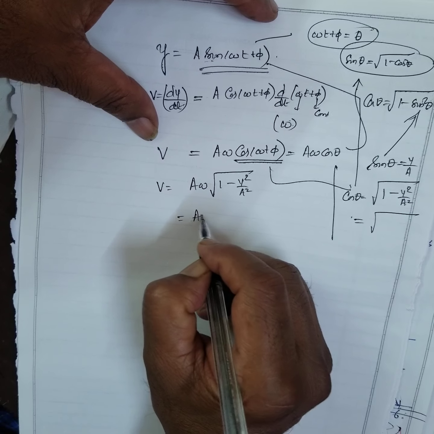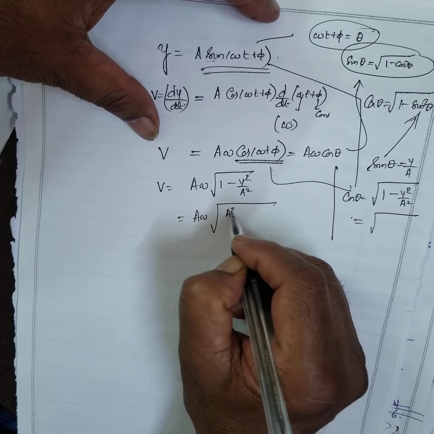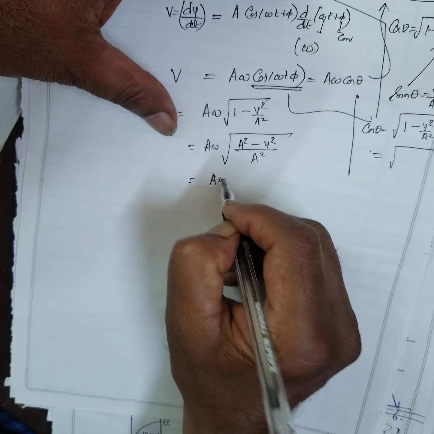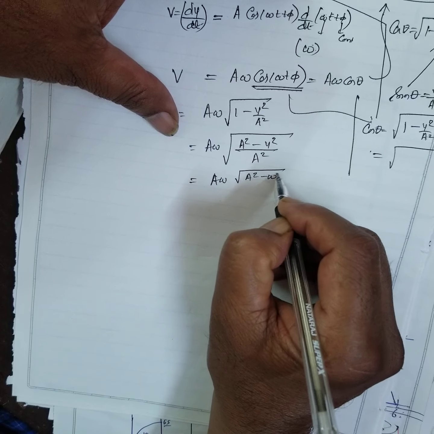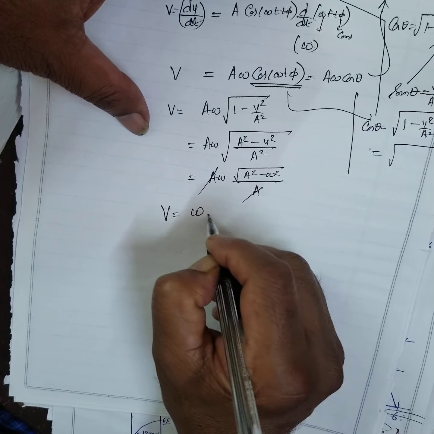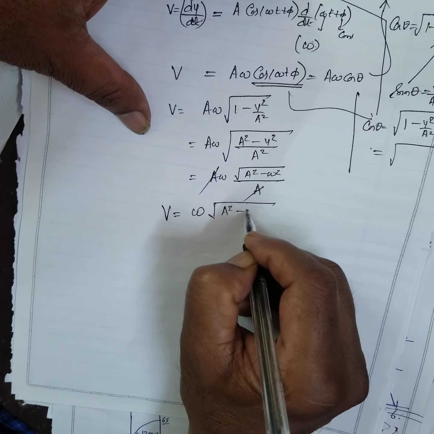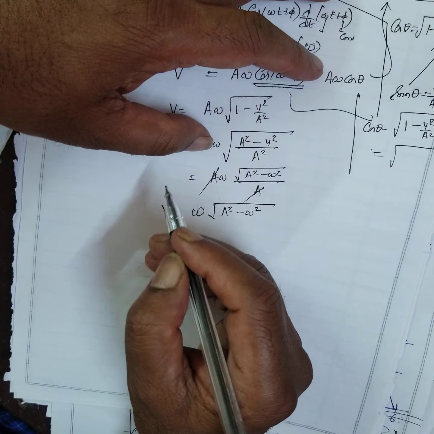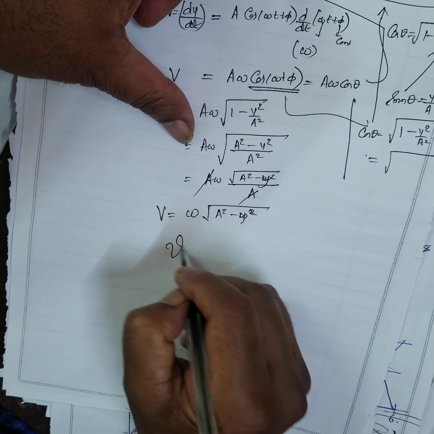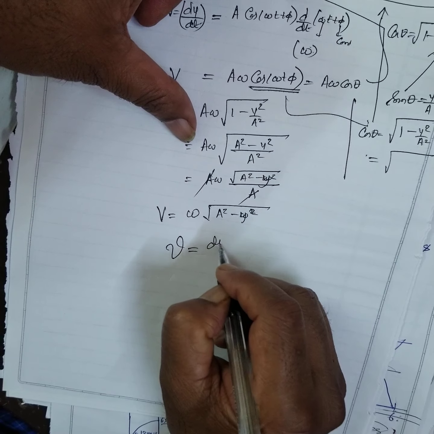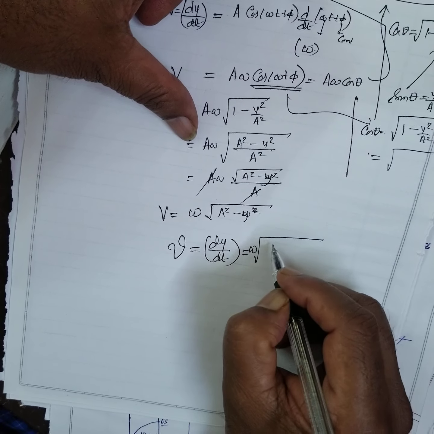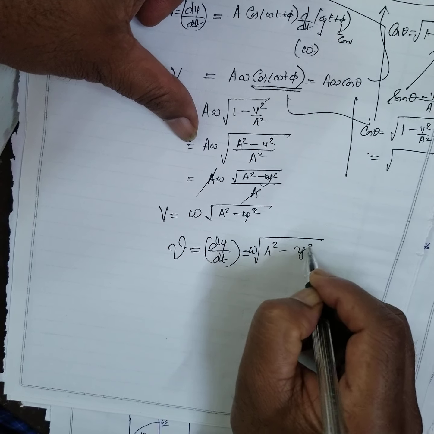Take the LCM: a omega square root of a square minus y square by a square, which is omega square root of a square minus y square. Therefore, velocity is equal to omega square root of a square minus y square.